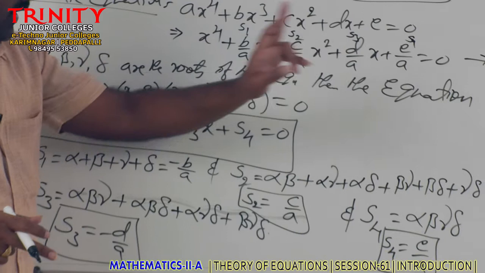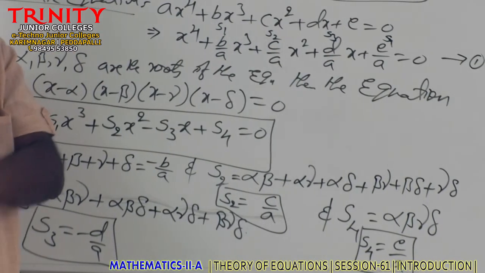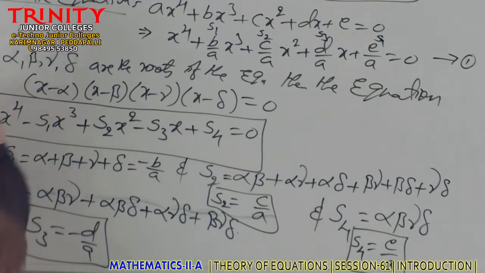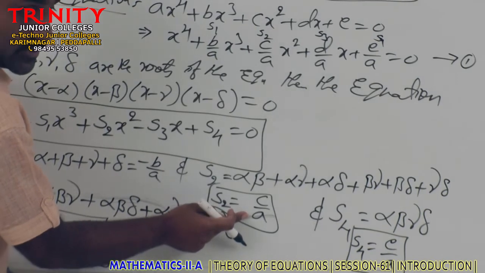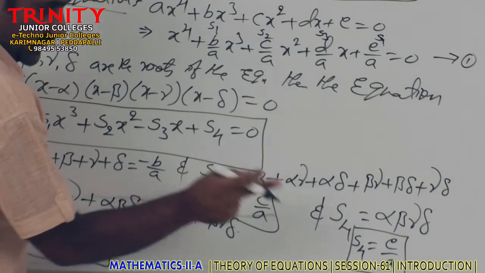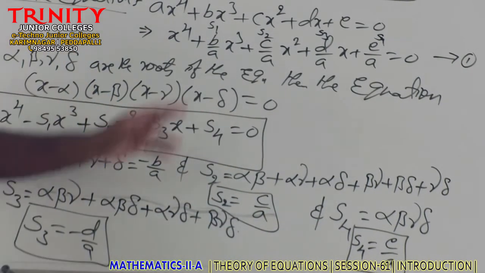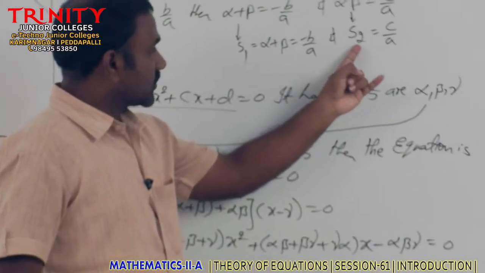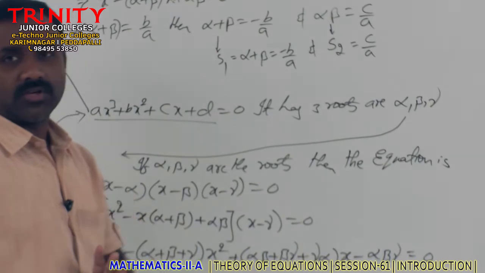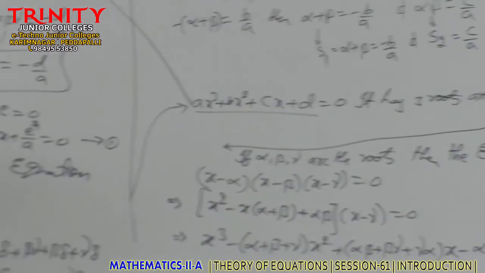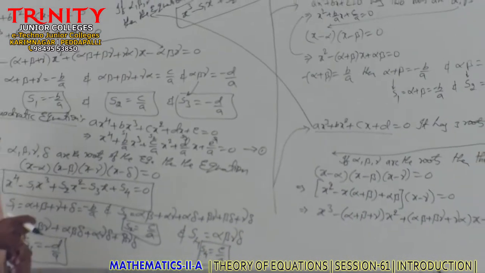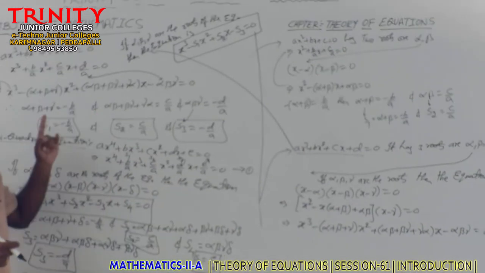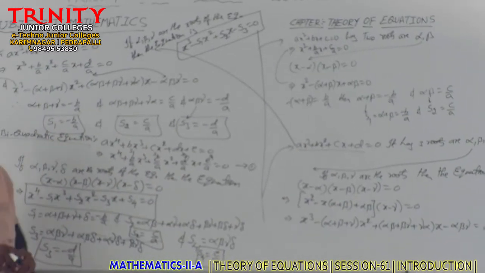S2, S4, S6, S8, the even ones, are always positive. See here, S2 is positive, S4 is positive. Even here also, S2 is positive. Even if you come to the quadratic also, S2 is positive. Okay, therefore, these are the quadratic, cubic and biquadratic relations.